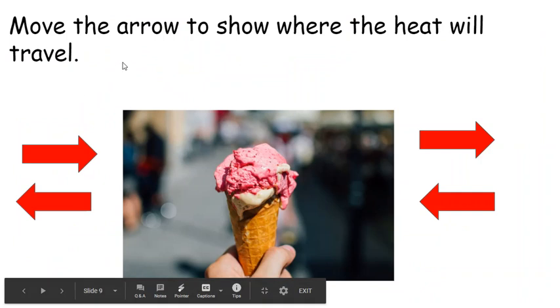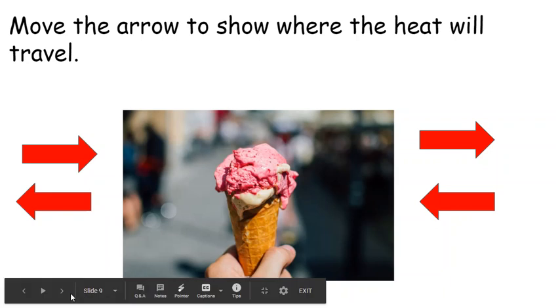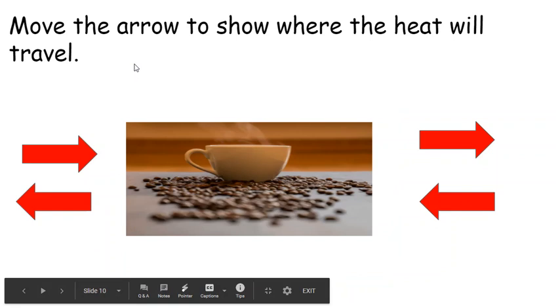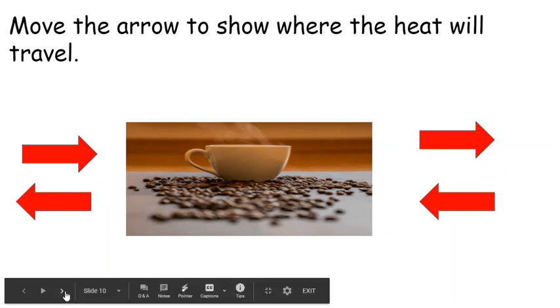Move the arrows to show where the heat will travel. I had an arrow because at first I just had one, but then I got fancy and added a bunch more. Okay, so draw where the arrow would go. Is the heat leaving the ice cream, or is the heat going towards the ice cream? Move the arrow to show where the heat will travel. In this instance, we've got a cup of hot coffee sitting on a countertop.